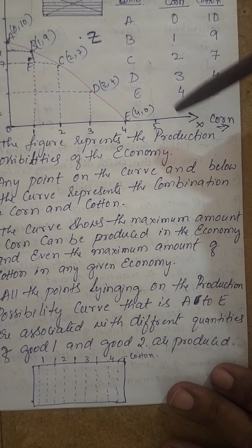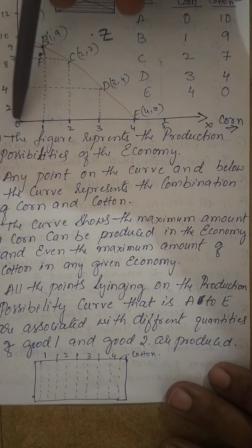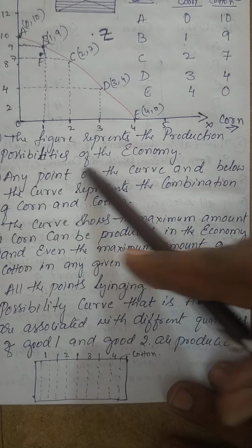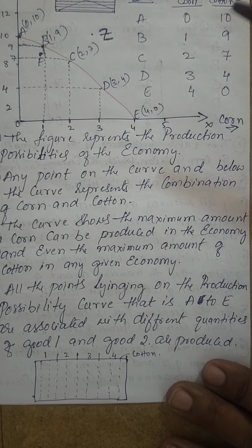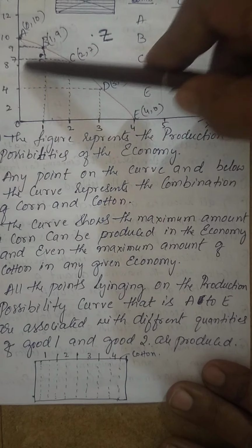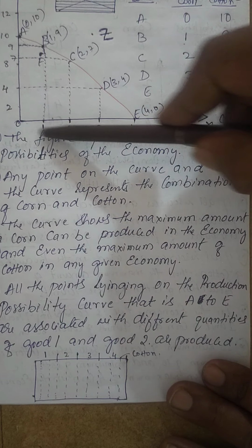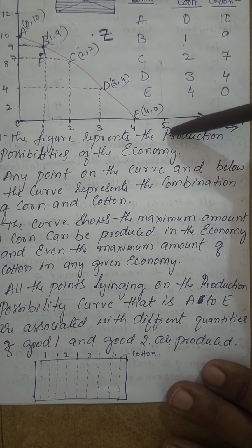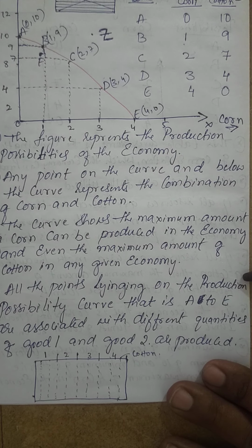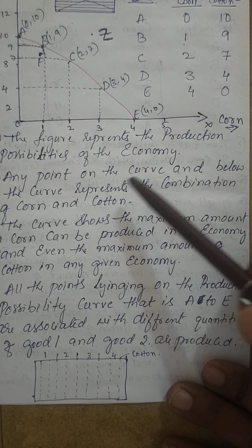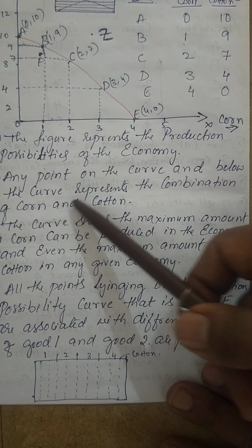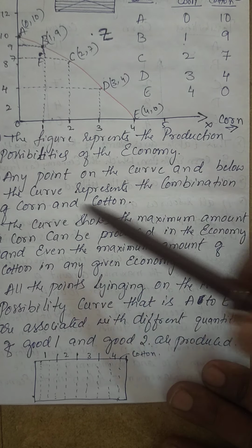So let me just brief the things now. The figure represents the production possibilities of an economy. These are the levels of production happening, and their possibilities. Any point on the curve and below the curve represents combinations of corn and cotton.